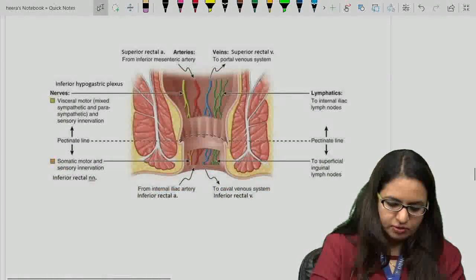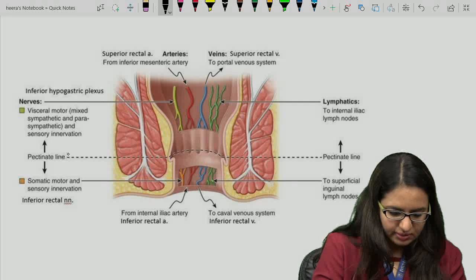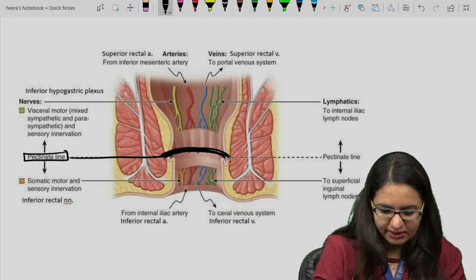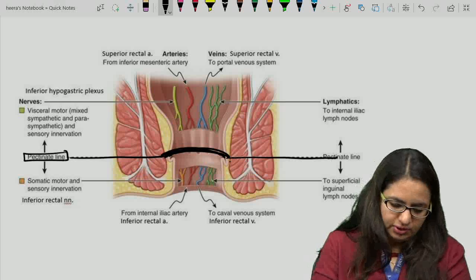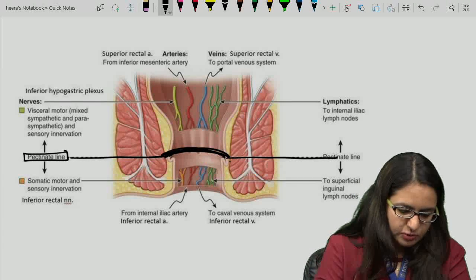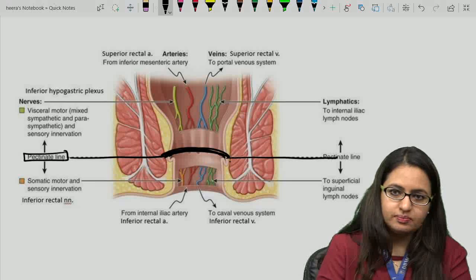If you see the anatomical structure over here, this line is the pectinate line. The nerve supply of the anal canal above the pectinate line is by the autonomic nervous system, having sympathetic as well as parasympathetic fibers.